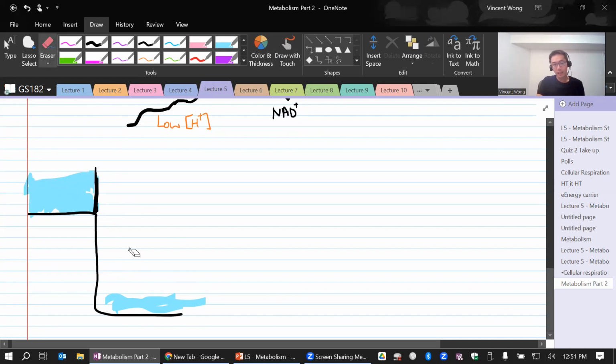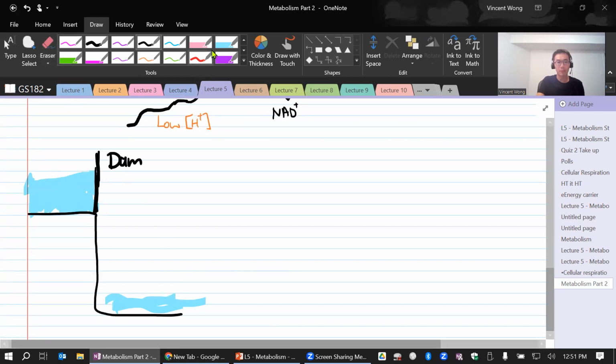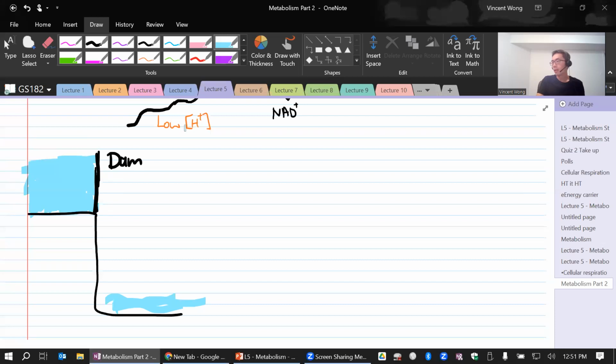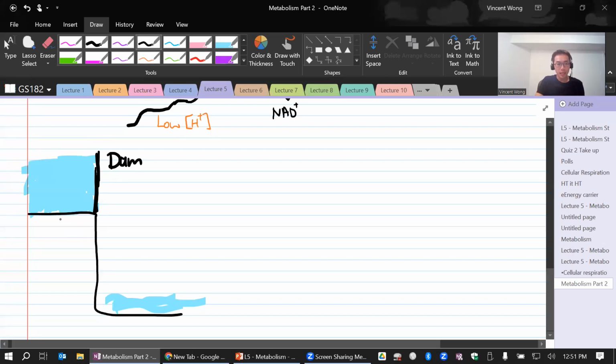They want to go down here because they go from high to low area, but because of the dam, it's blocking the water. So it keeps on building up, building up, building up, right? And then what we can do is we can create an alternate path for the water to flow through, right? So go through like that.